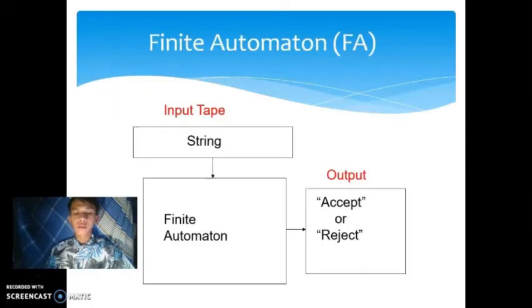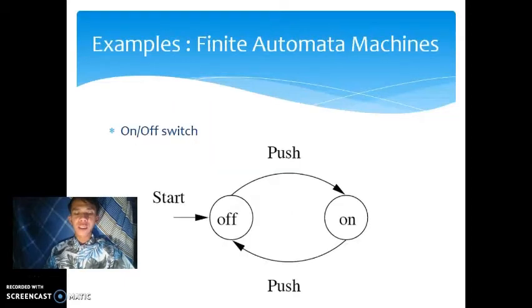The job of the finite automaton is to accept or reject an input depending on the pattern defined by the finite automaton. A finite automaton is an abstract model of a digital computer. A common example of it is a switch, wherein it has on and off states, and the initial state is the off state.